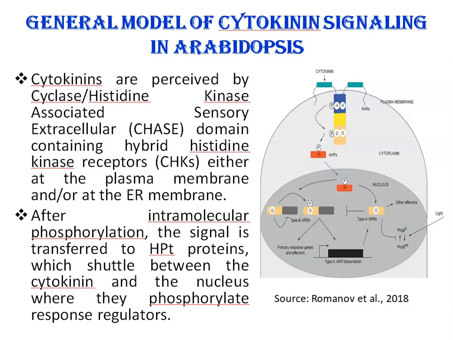I will also discuss a general model of cytokinin signaling in Arabidopsis that has been described by Romanov et al. 2018. Here, cytokinin is perceived by CHASE domain, that is, cyclase histidine kinase associated sensory extracellular domain, this green in color, right?